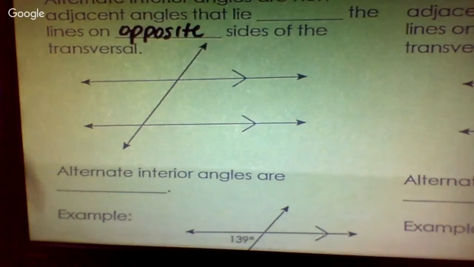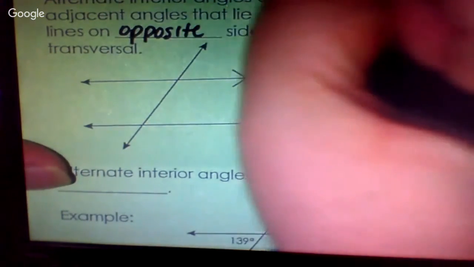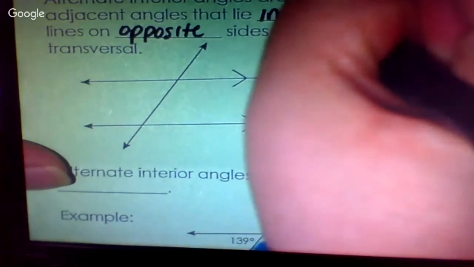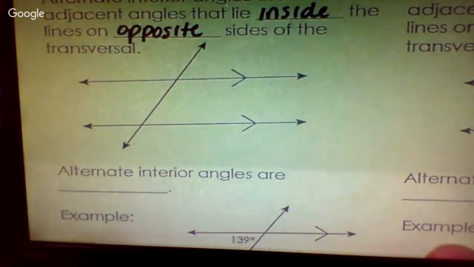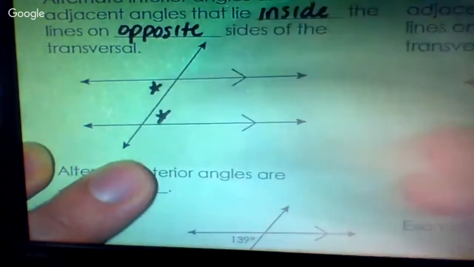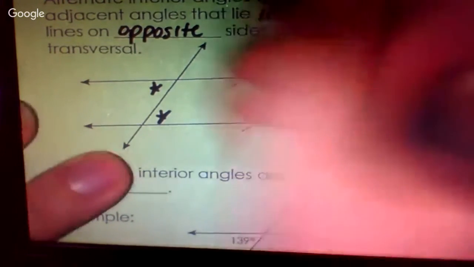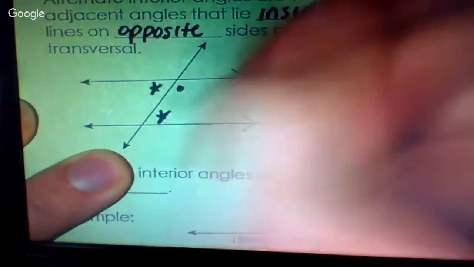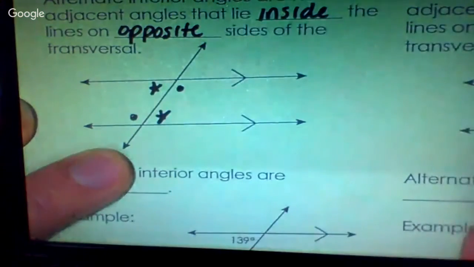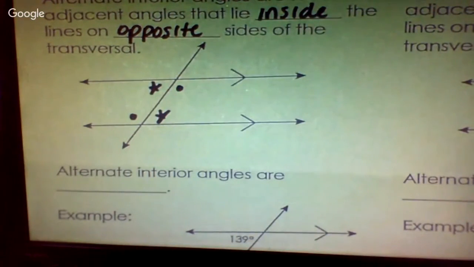Inside the parallel lines. Okay, so either this angle and this angle, they're still inside those parallel lines, but one's on the left and one is on the right. Or this angle and this angle. Again, one's on the left and one is on the right of the transversal, but they're still inside of those parallel lines.